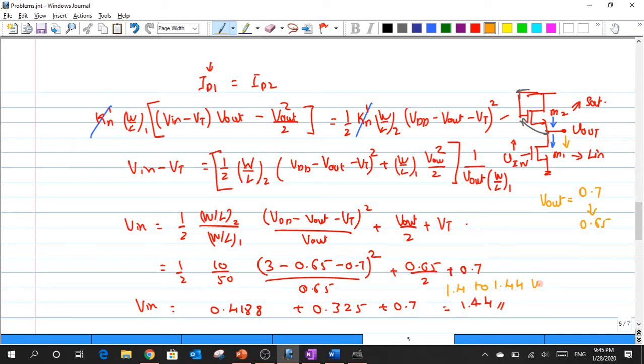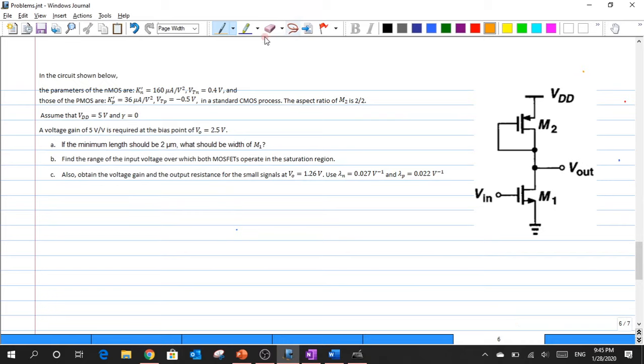Now let us try to compute the value of gain again. For this computation of gain, I'm going to use the same expression of GM1 by GM2.